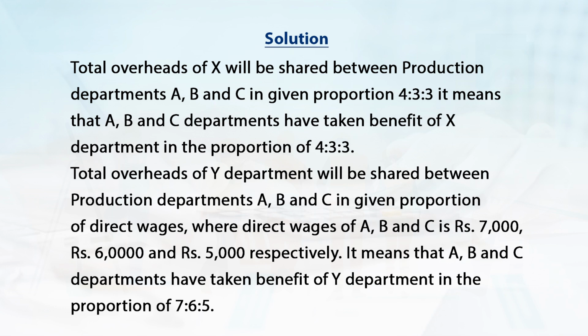Total overheads of Y department will be shared between production departments A, B and C in the given proportion of direct wages, where direct wages of A, B and C are rupees 7,000, rupees 6,000 and rupees 5,000 respectively. It means that A, B and C departments have taken benefit of Y department in the proportion of 7:6:5.